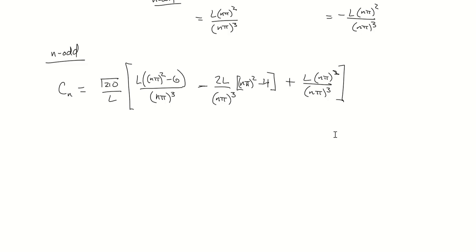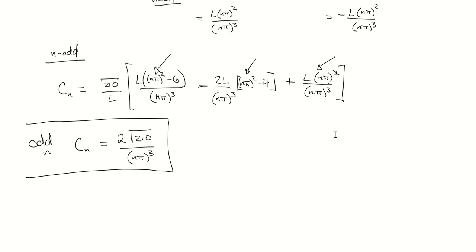Simplifying this, the minus 2L n pi squared term here is going to cancel. So this term is going to cancel with this term and this term. And this simplifies a lot to 2 times root 210 over n pi cubed. That's Cn for the odd n's. That's what we get for that.